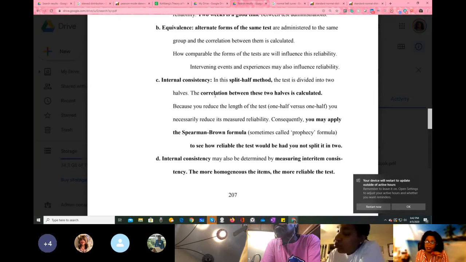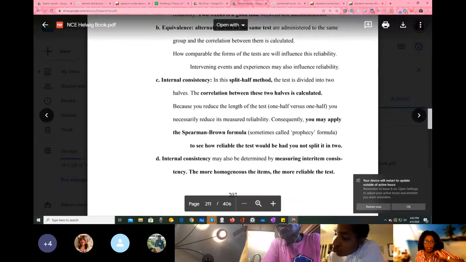Internal consistency is another one that we look at. It's the consistency of the numbers on the inside of the test. Anytime it's internal, it's the test questions. So test questions are very consistent. There are two ways I can prove that. One is split-half reliability. I take half and you take half.